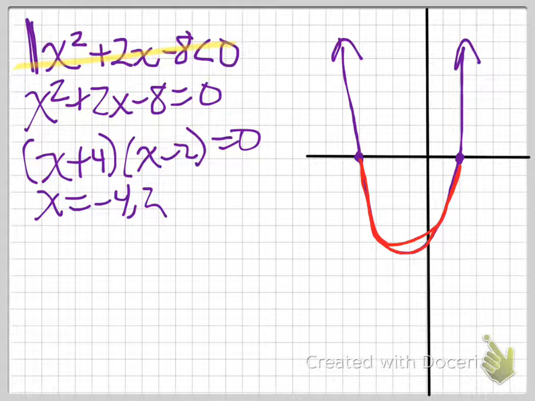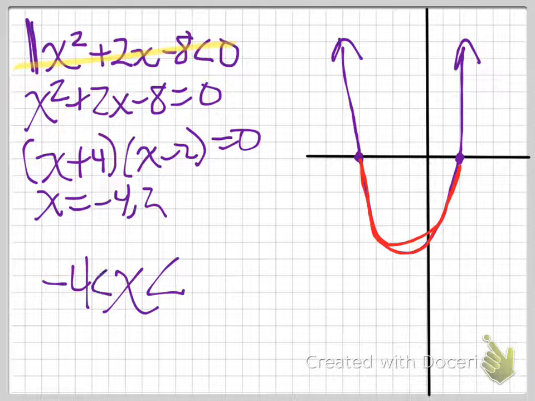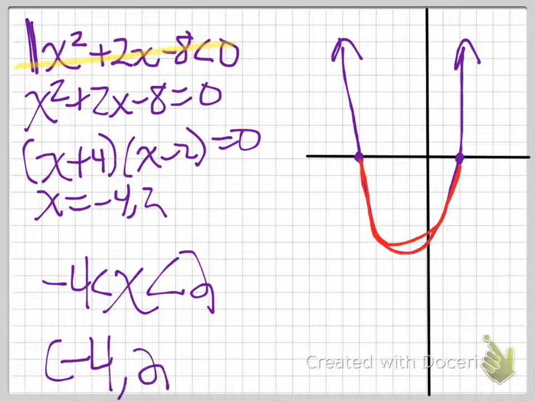So my initial assumption for the solution is that x is between -4 and 2, and I could write it in interval notation like this. It can't include -4 and 2 because the function is actually 0 there. It would include them if my original had an equal sign, but it doesn't.